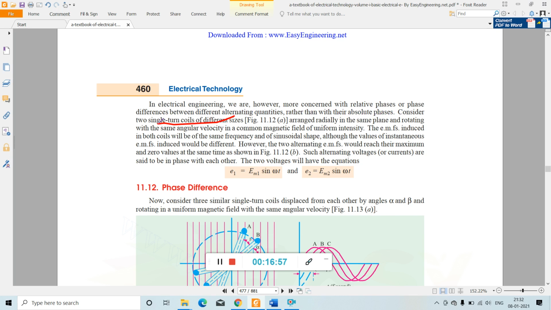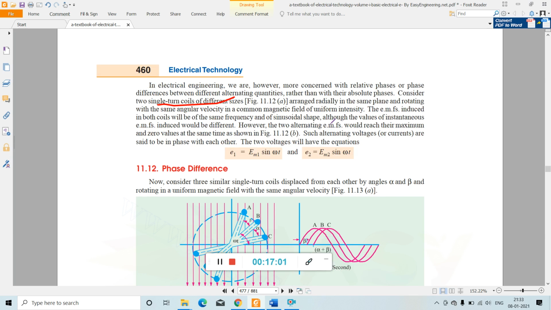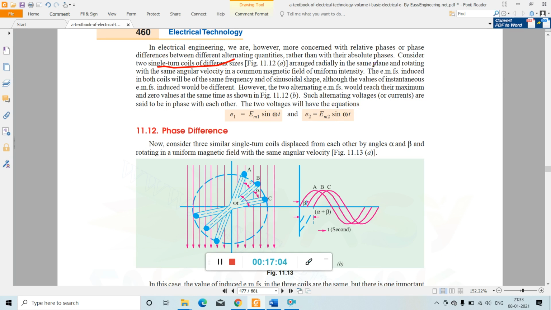So consider two single turn coils of different sizes arranged radially in the same plane and rotating with the same angular velocity in a common magnetic field of uniform intensity.